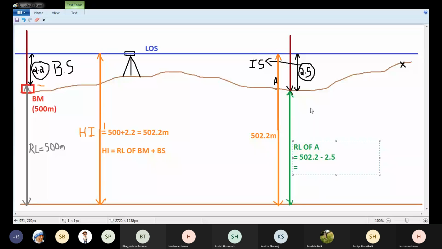That is, height of instrument minus intermediate sight. So this answer is equal to 499.7. So you can generalize this formula: RL of any point is equal to height of instrument minus intermediate sight.